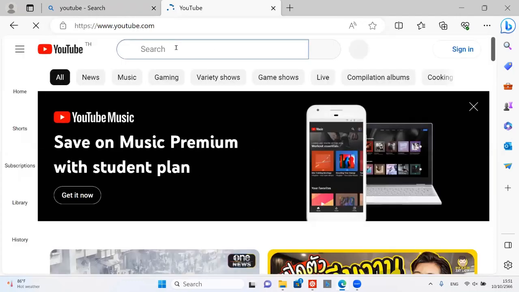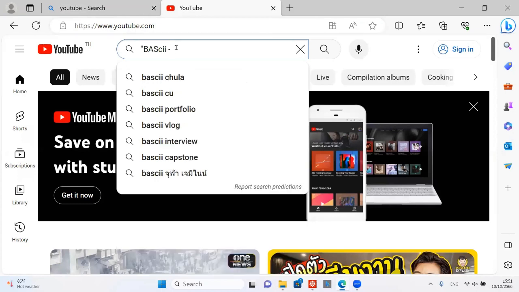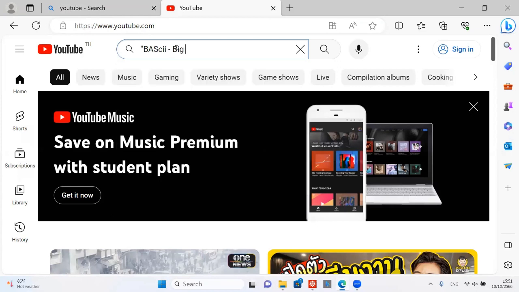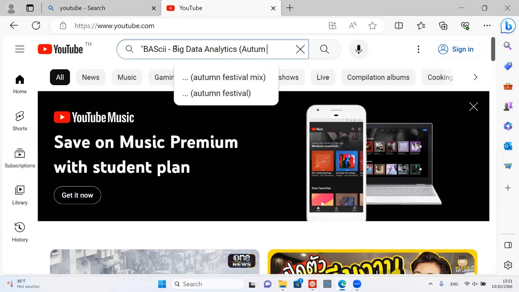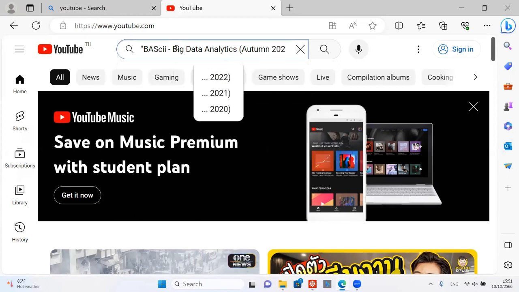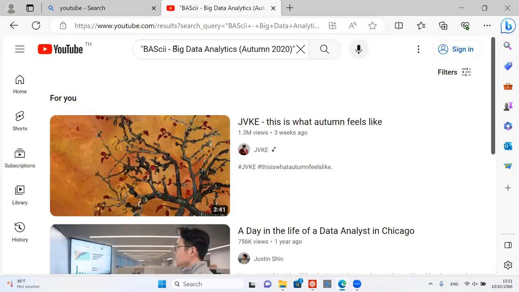Basai key, hyphen big data analytics. Now, it'll be something like autumn 2020, let's say. And you will be doing the same thing.